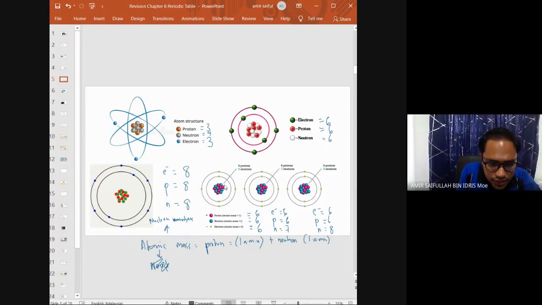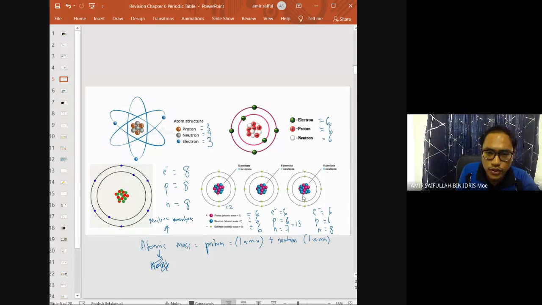You can see this one has 6 protons and 6 neutrons. So they add together, so their atomic mass is 12, or we can say their nucleon number is 12. This one, the nucleon number is 6 plus 7, so 13. So the nucleon number or atomic mass for this element is 13. This one is 6 plus 8, so 14.